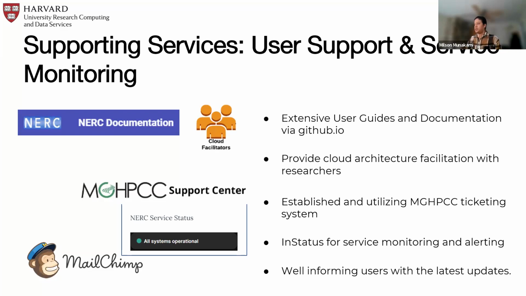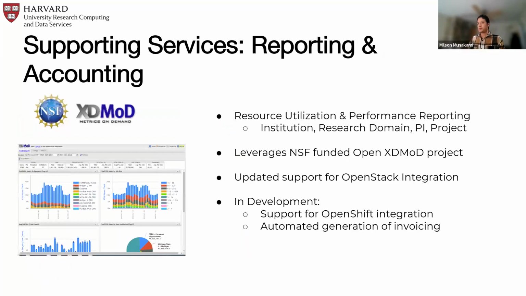We use the MGHPCC ticketing system for supporting all those help requests. We also use a status page for service monitoring and alerting, and we keep all users well informed about the latest updates, anything happening on NERC, and any upcoming maintenance and upgrades.